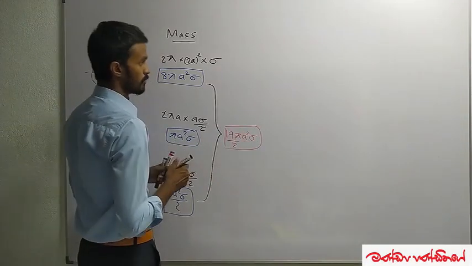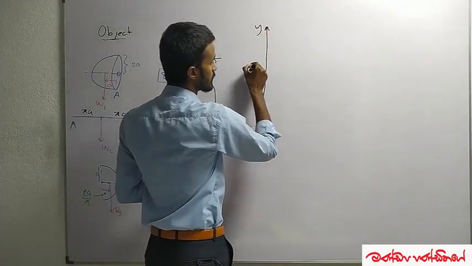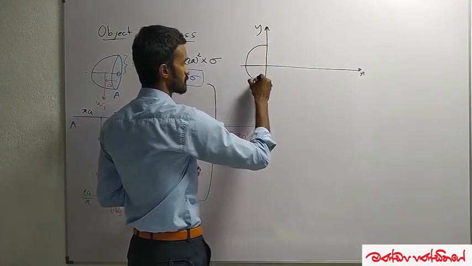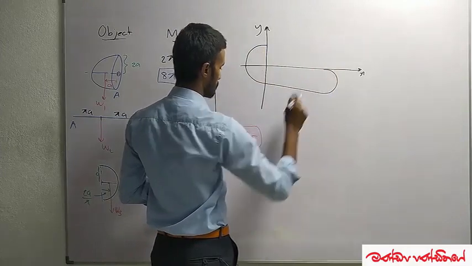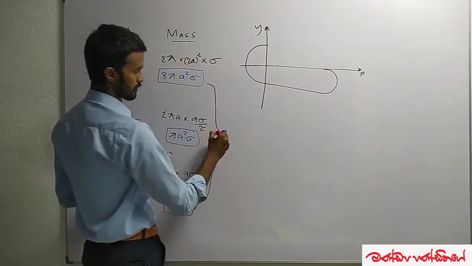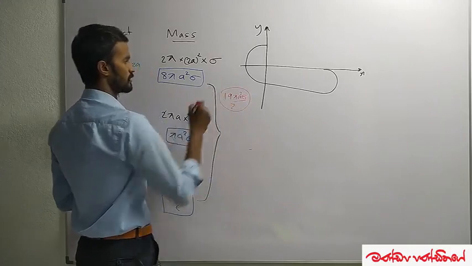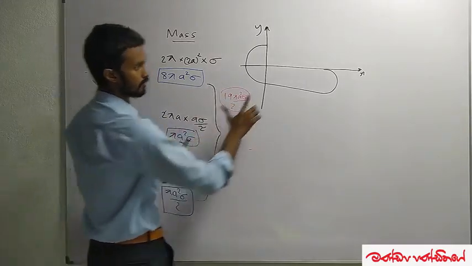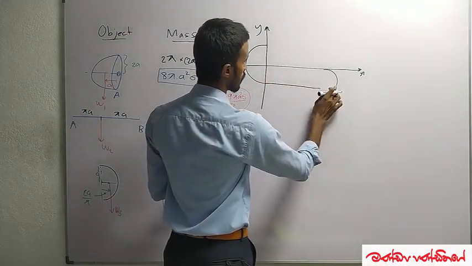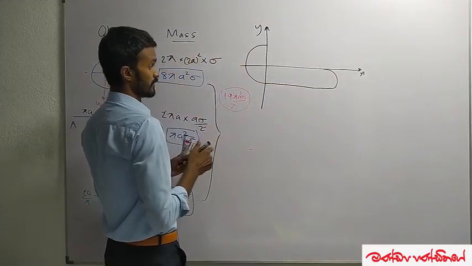And then I'm going to take the moments, and as we discussed, I'm going to draw the x-axis and y-axis as AO and OB. So I have a shape like this. Total mass 19. Let's draw the weights.